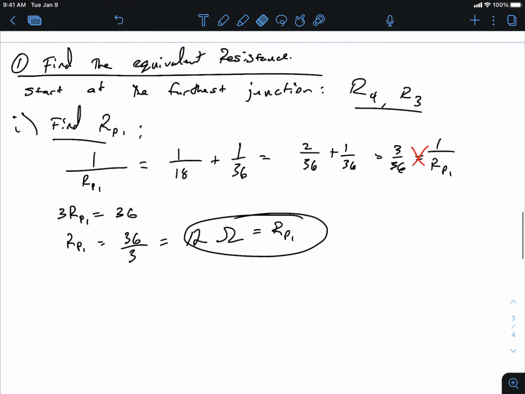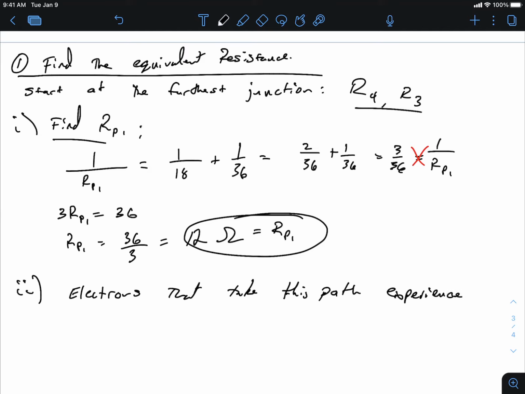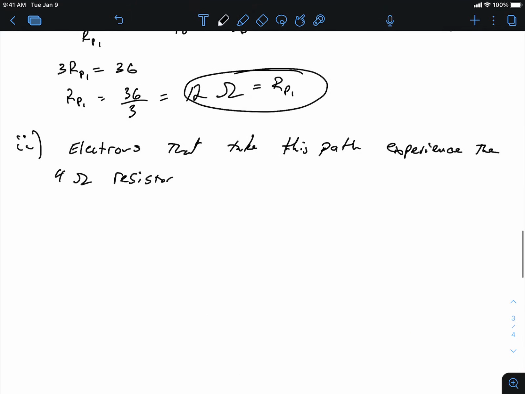Okay, so step 2 is electrons that take this path encounter the four ohm resistor. I think it's called R5. They have no choice, right?